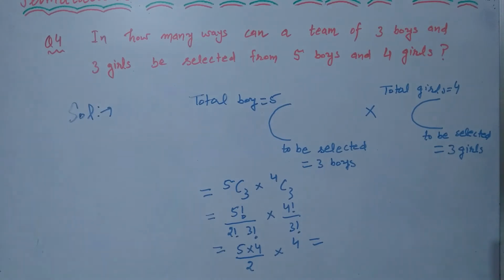So again we have 2 2s are 4. So finally we have answer 5 4s are 20, 2s are 40 ways.